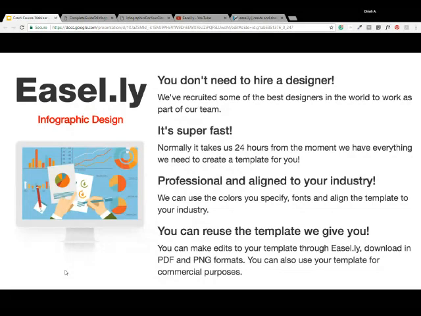A good example of this is, let's say you're looking to communicate sales information, whether you're looking to do that yearly or quarterly or monthly, whatever that is, we'll have that template designed specifically for you and your business. And then all you've got to do is plug in the numbers each month or every quarter or every year, whatever that might be. So it's definitely something to consider if you're interested.